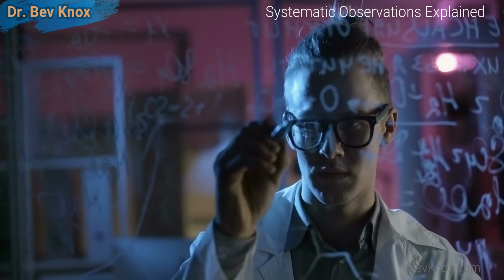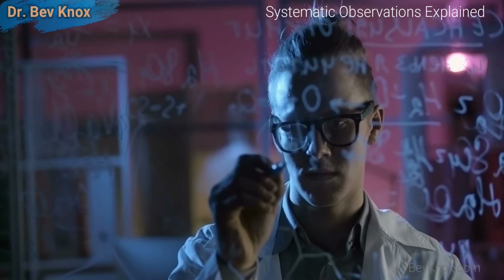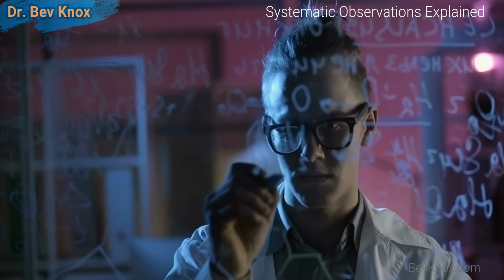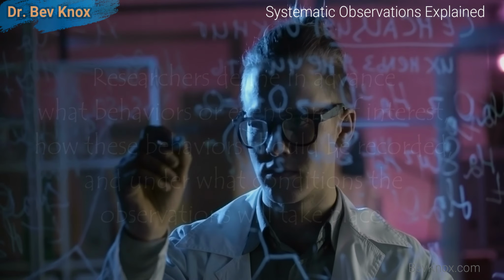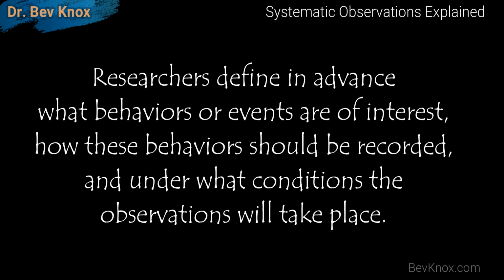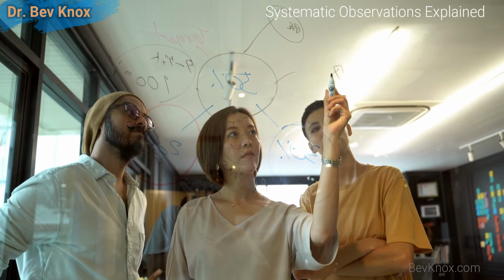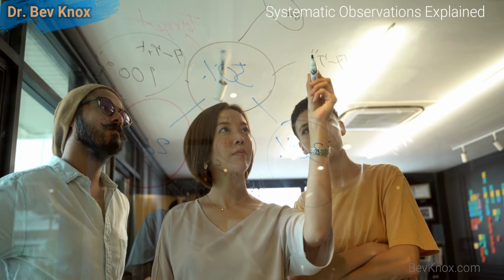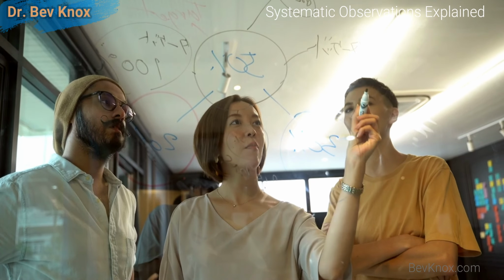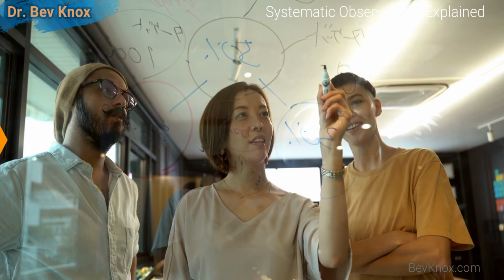Now, the essence of systematic observation lies in its structured approach to gathering data. Researchers define in advance what behaviors or events are of interest, how these behaviors should be recorded, and under what conditions the observations will take place. This preparation helps in minimizing bias and increasing the reliability and validity of the data collected.